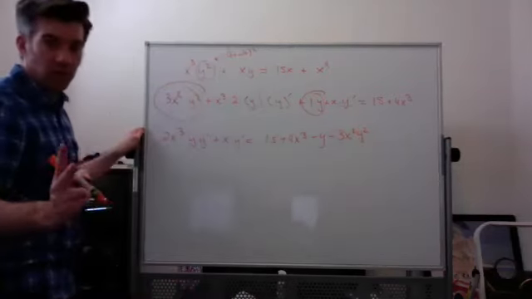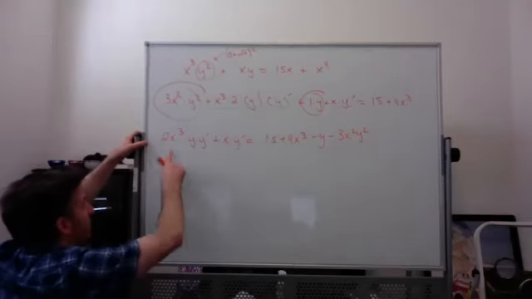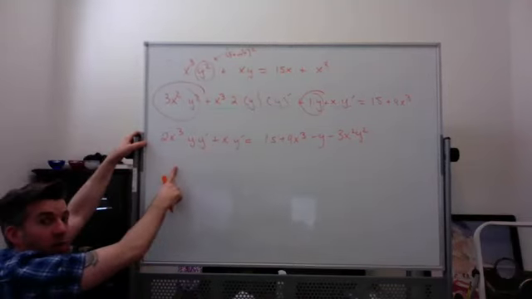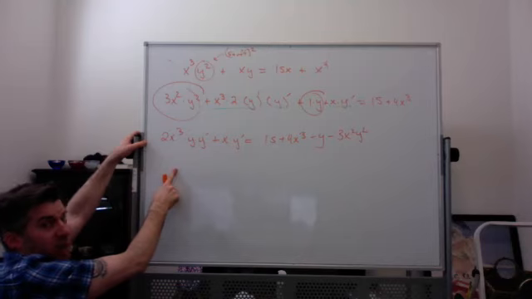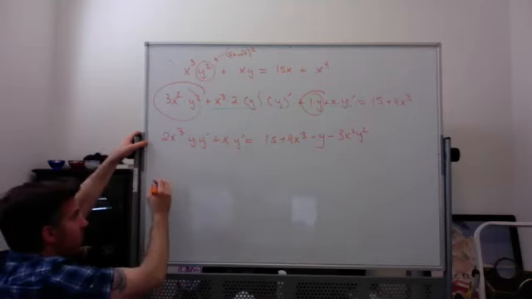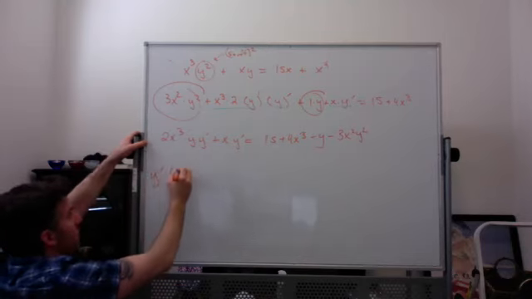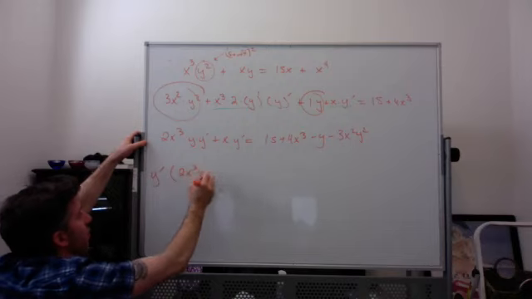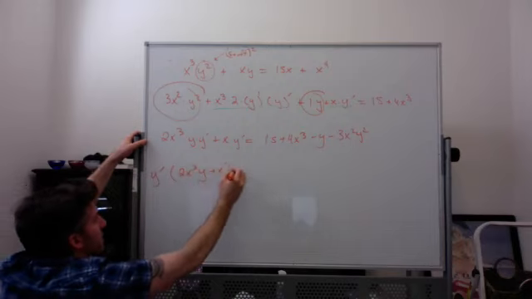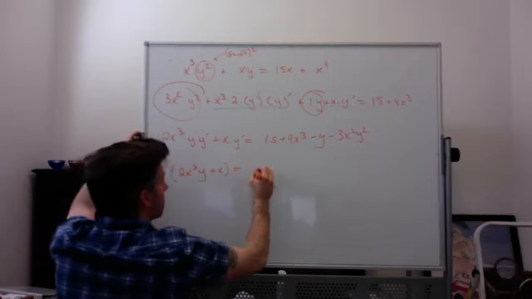And then I'm going to do 2 more things to solve for y prime. I'm going to factor out a y prime. That's why I brought all the y prime terms to one side and all the other terms to the other, so I can factor out a y prime. So y prime times 2x cubed y plus x equal to the same stuff.